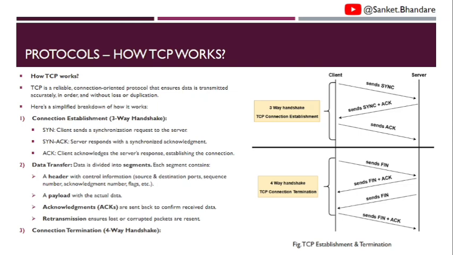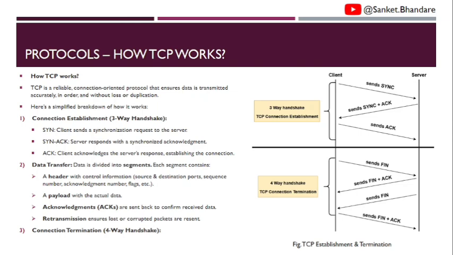When the client sends data to the server, the input data gets divided into segments, and each segment contains a header with control information like source and destination ports, sequence number, acknowledgement number, etc., and a payload with actual data.